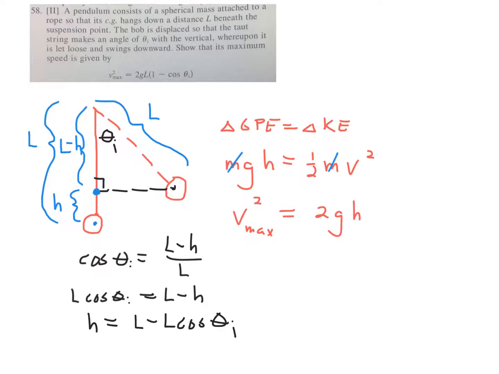And essentially that's my last thing. I'm going to take that and plug it in for the H over there and then just factor out the L. I have my answer. In other words, take this and sub it in for H and factor out the L from that binomial.